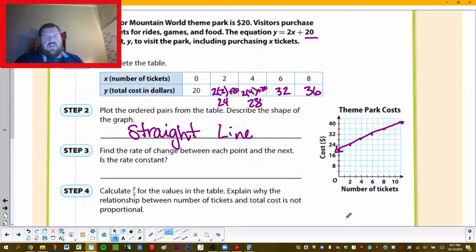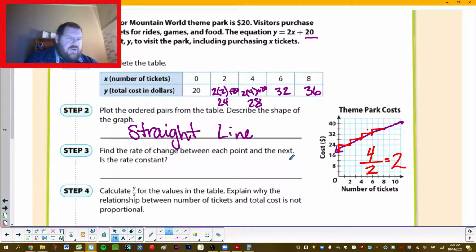So what this is trying to get us to do is to find the slope. Okay, on the graph, it's showing that it goes up 1 and over 2 every time. Scale-wise, that's not what that means. But on the graph, it's going up 1 and over 2. That really means a $4 increase for 2 tickets. So you would kind of say that it's actually like up 4 and over 2, or a slope of 2, if we're using what we did before.